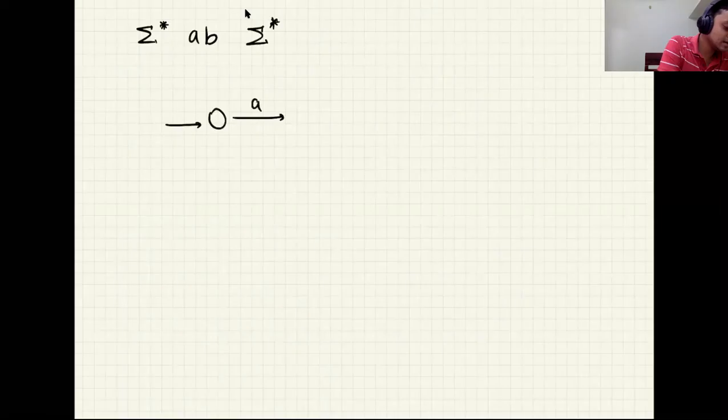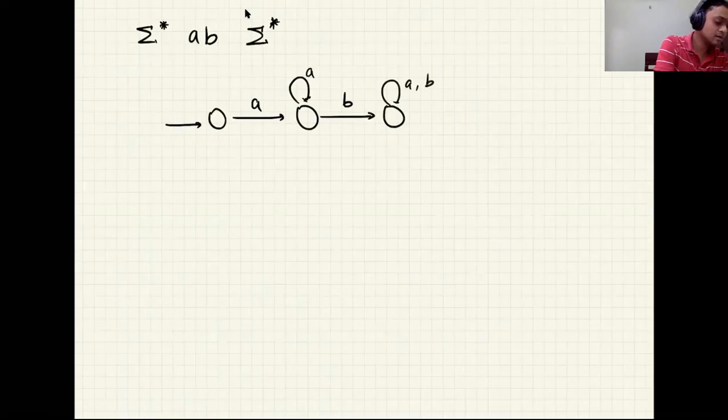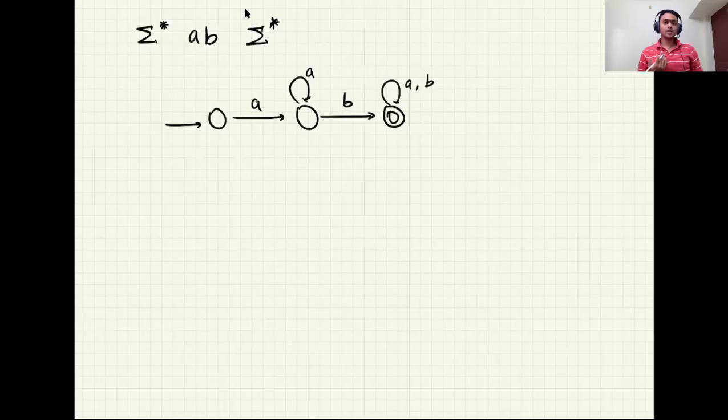Suppose I read an A and a B, I go here, I read an A, I stay here, and I come here, I read A. You have to accept the moment you see an AB.